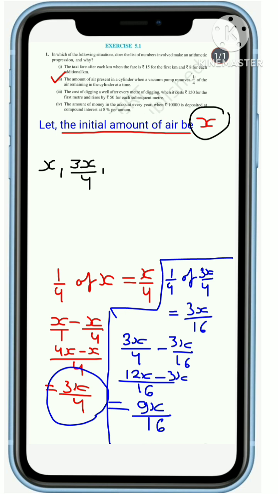9x/16. In this way, after second removal, amount of air left in that cylinder is 9x/16.